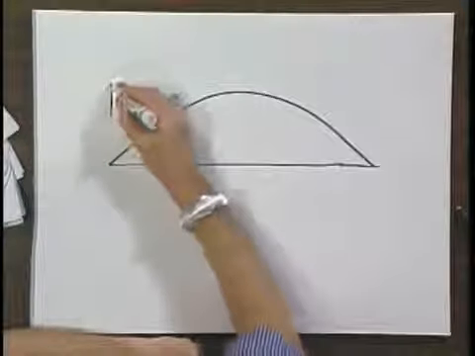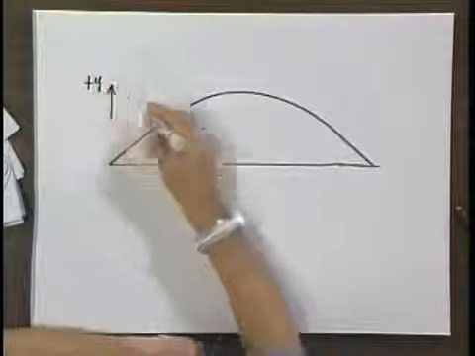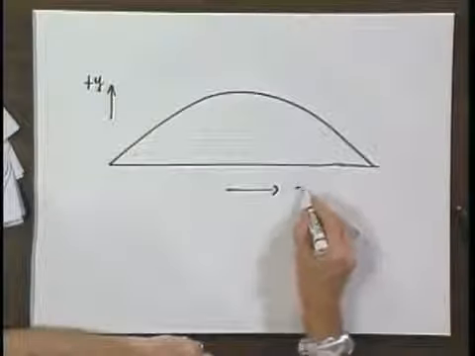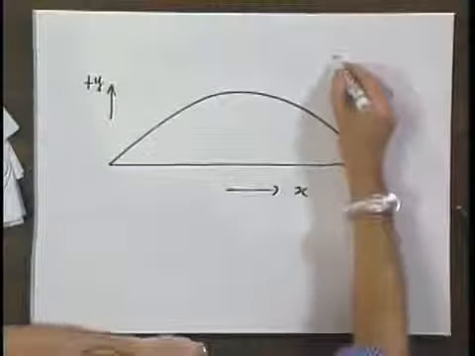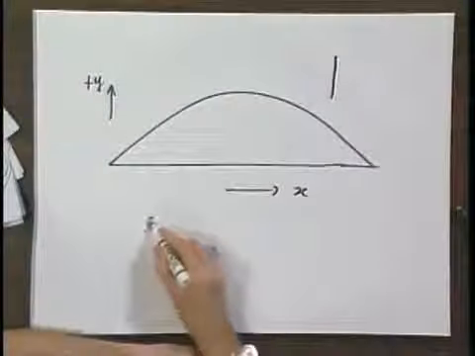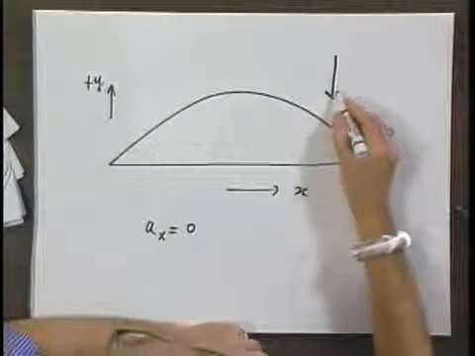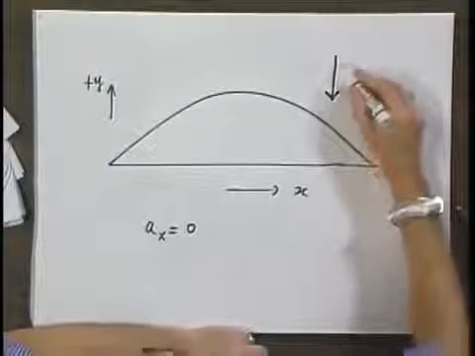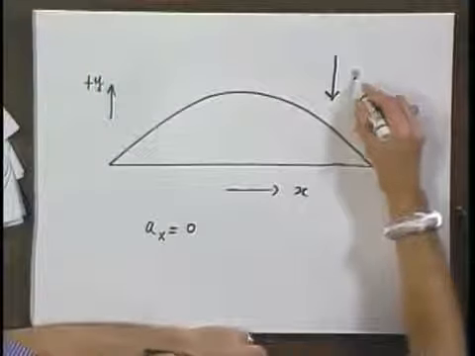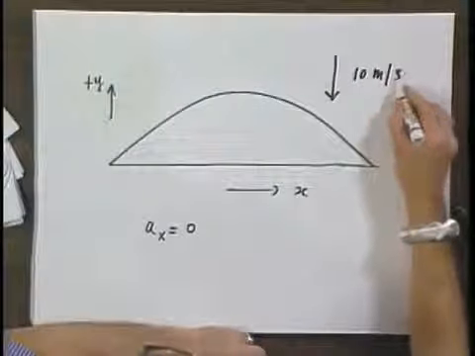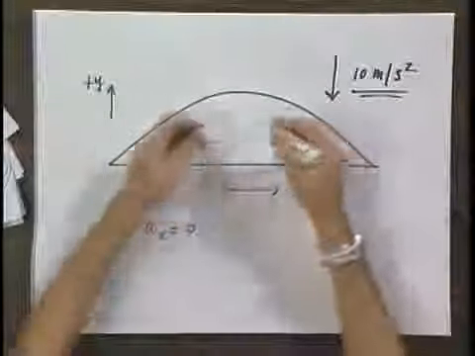And if we call this the plus y direction, and this the x direction, which is quite common, we will have no acceleration in the x direction, unless there is air drag, and there will be an acceleration in the minus y direction, which is 10 meters per second squared. So we will often deal in this course with situations whereby we do have a constant acceleration.